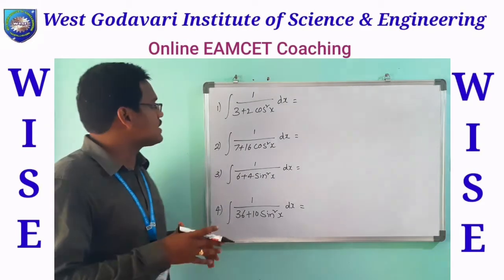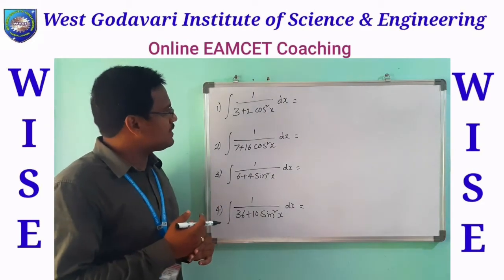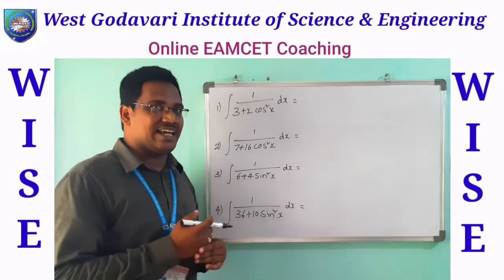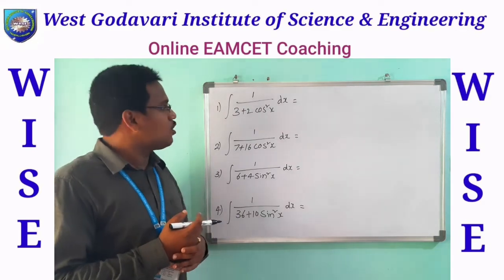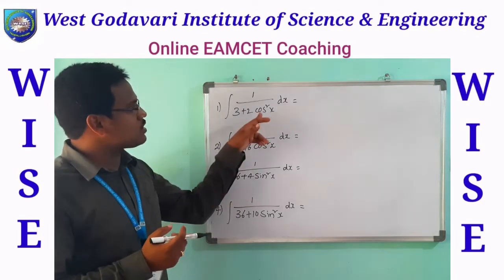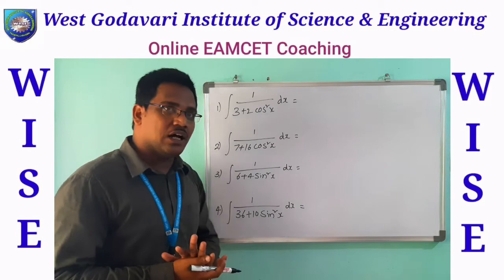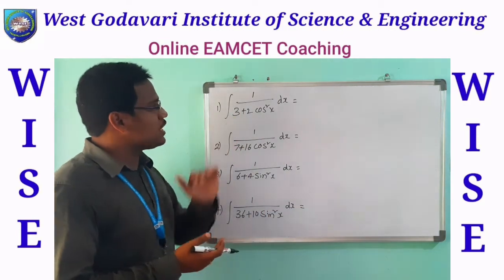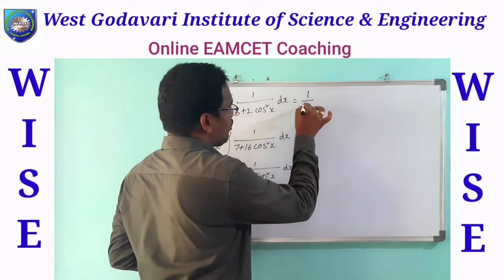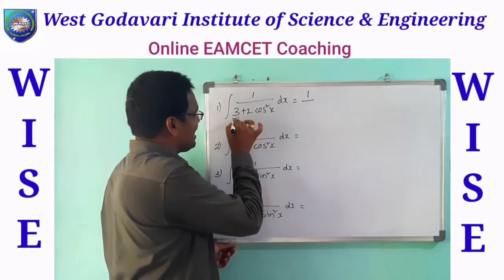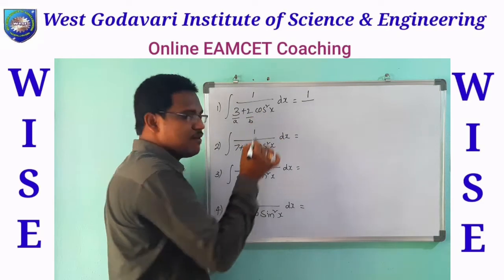Now see the problems, that is integration 1 by 3 plus 2 cos square x dx. So this is in the form of integration 1 by a plus b cos square x dx. Whenever the cos term occurs, we know the result, that is constant by total. So the result is 1 by constant, that is 1 by a. Here it is the a value and here it is the b value.